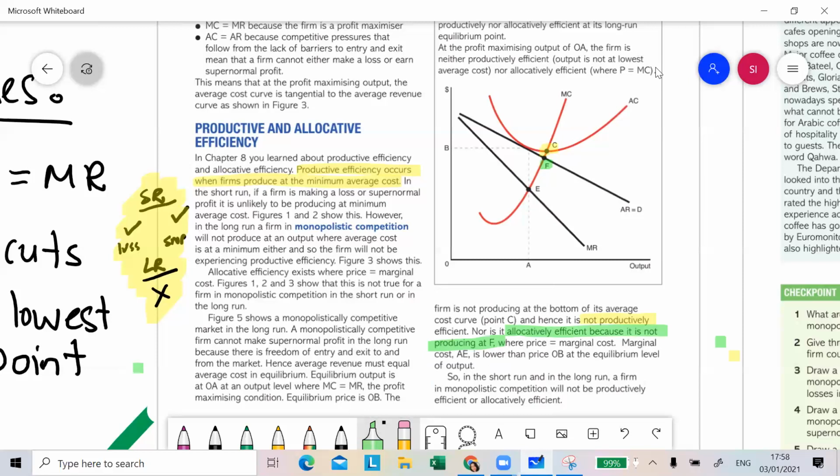But your average revenue is not equal to the price of 0B. So we can conclude that in the long run, there isn't any evidence for productive and allocative efficiency for a perfectly competitive market.